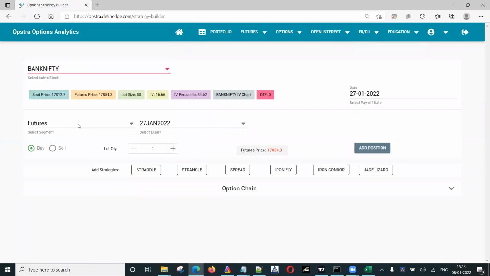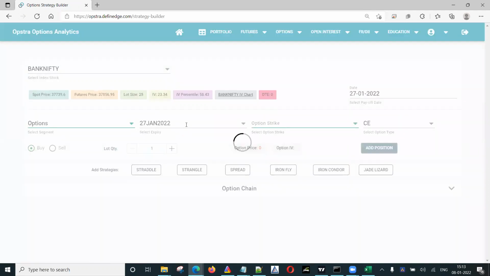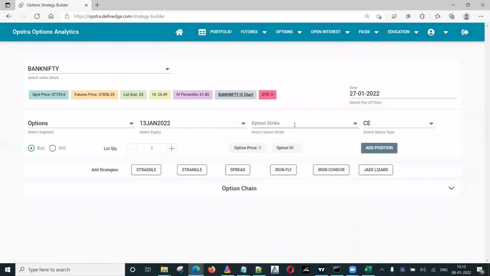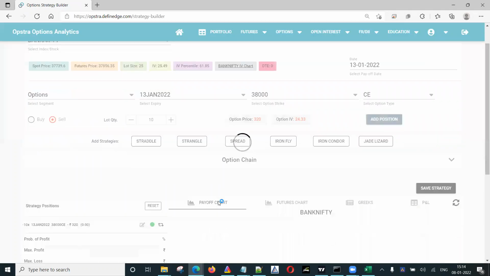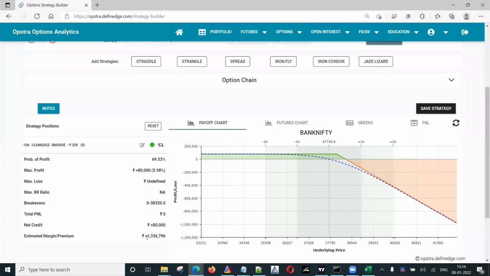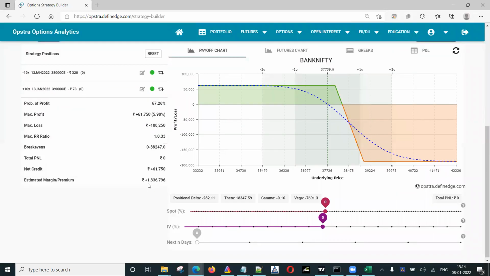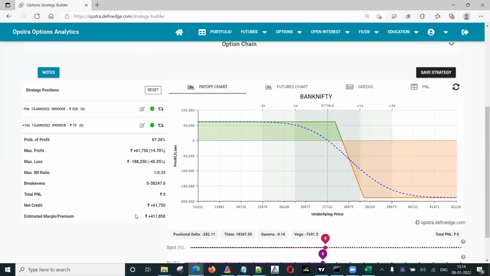So if I have to trade 10 lots of a call strike, which is 38,000 call, I sell 10 lots, right? I have to have 13 lakhs. However, if I buy 1,000 points away, my estimated premium is 4 lakh 17,000, right?